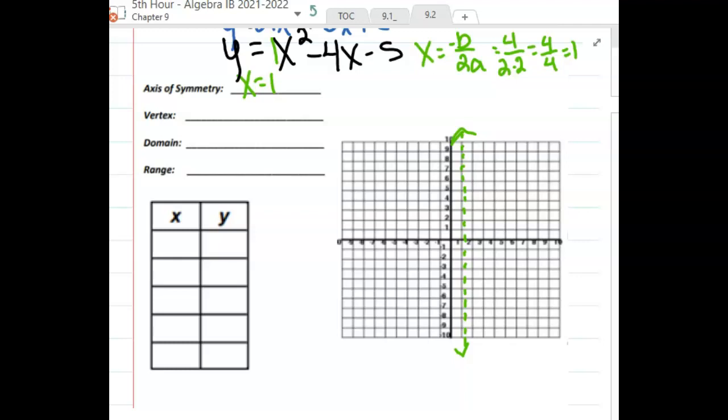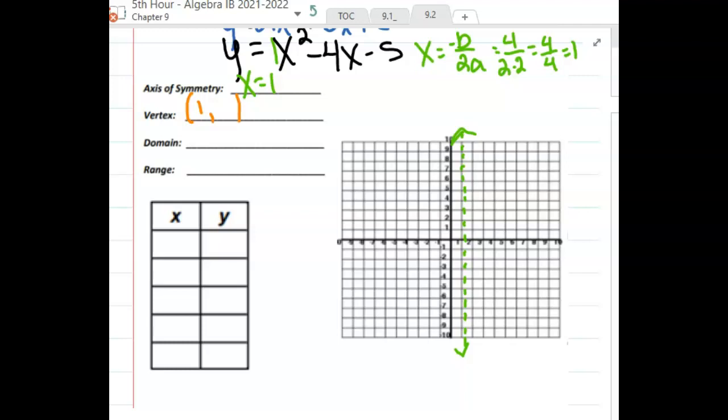I need to find that vertex. But I know my vertex is somewhere on this line, so it has to be at 1 comma something. So I already know half of my vertex. It's 1 comma something. I know the x, so I have something to plug into my function.